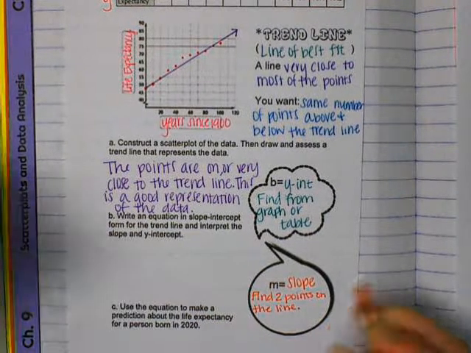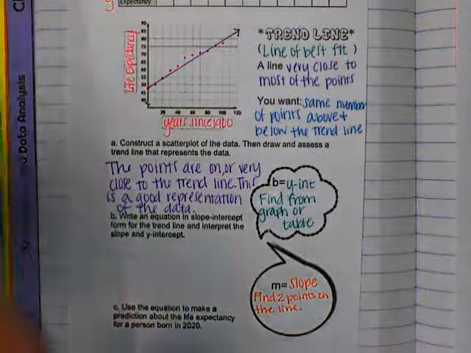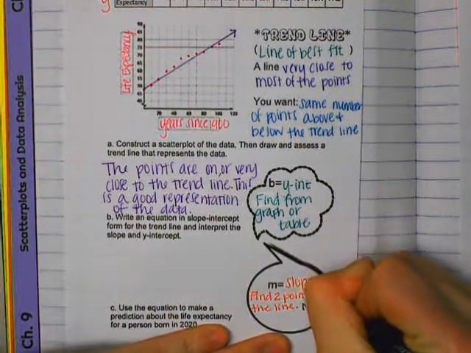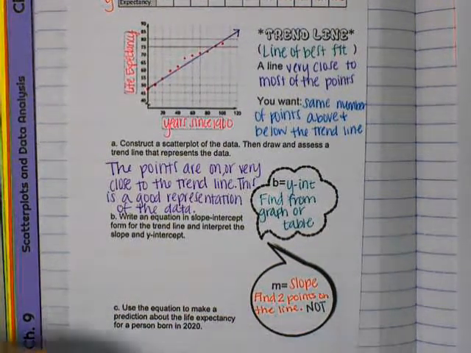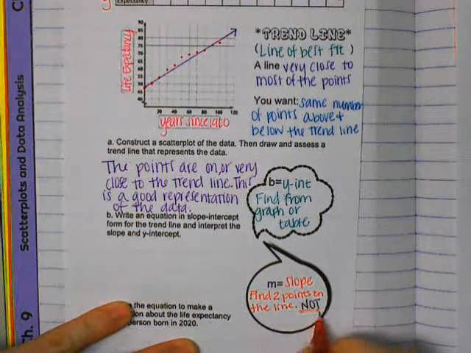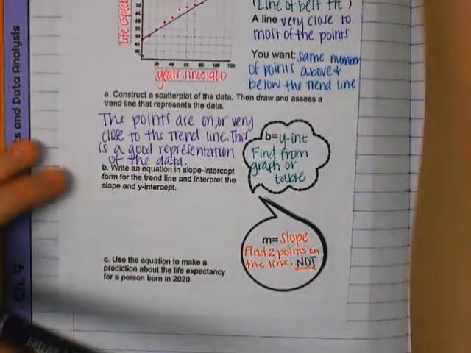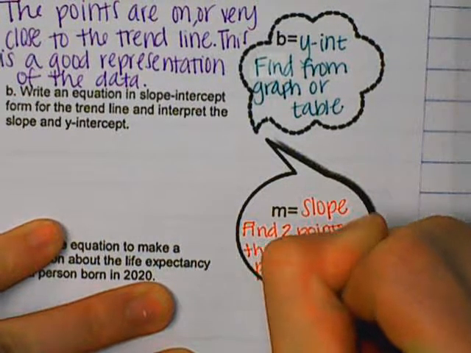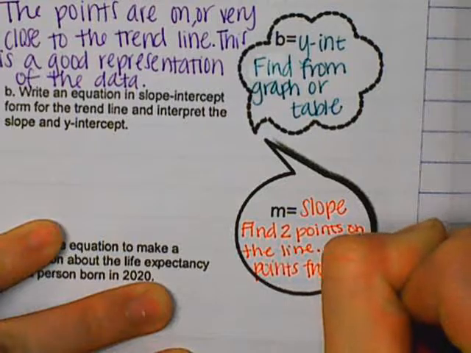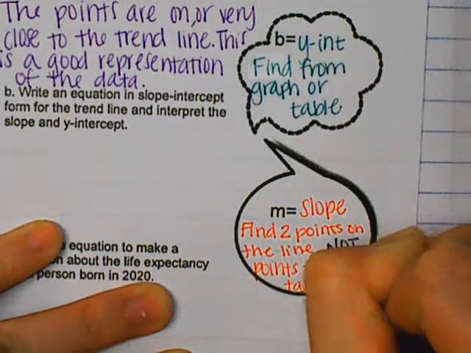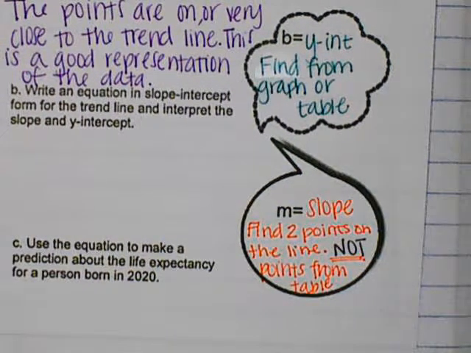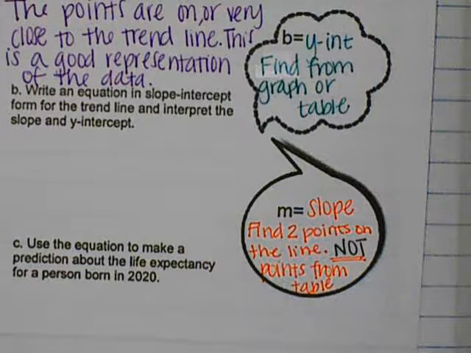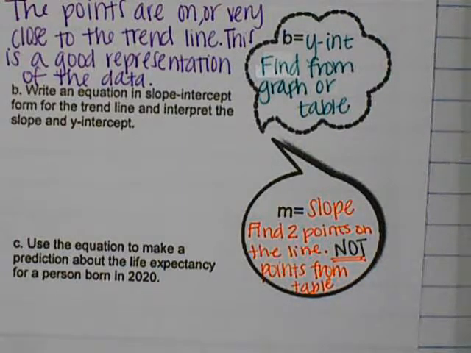On the line, not points from the table. We are trying to find the slope of the trend line, so we need to find points on the line, not points from the table.